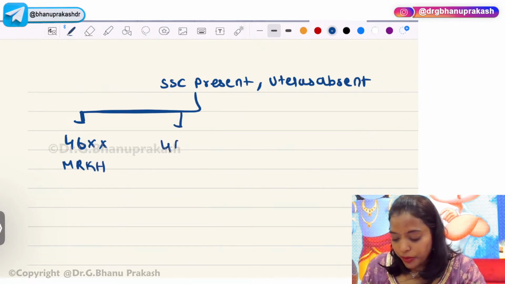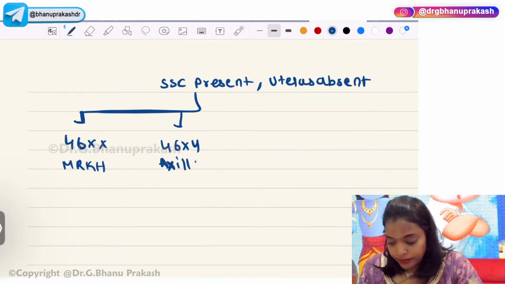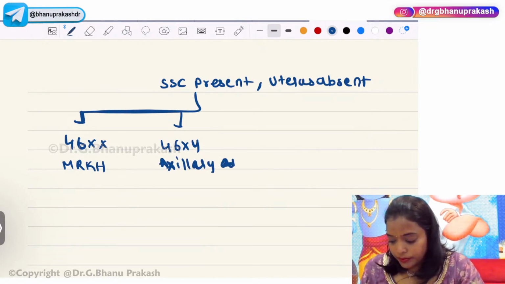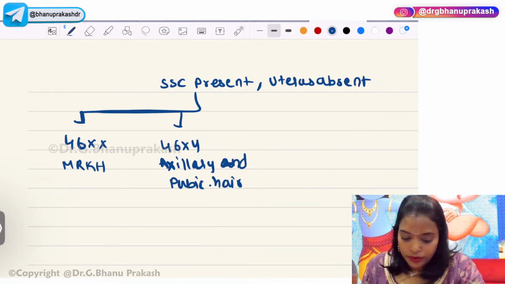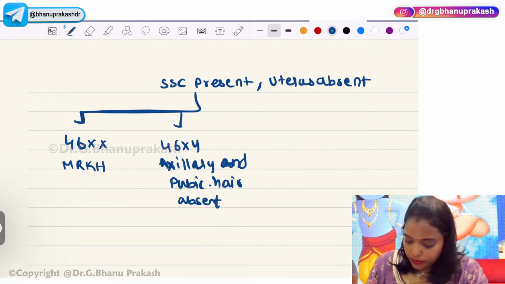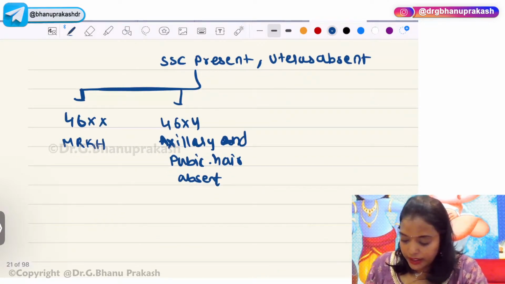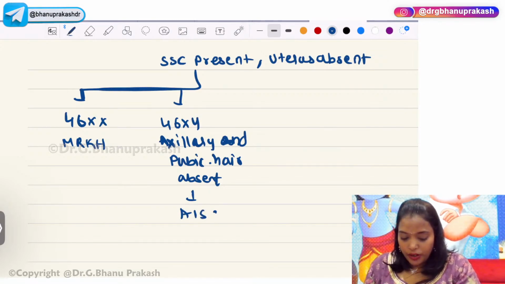And if the karyotype is 46XY, where axillary and pubic hair are absent, then we call it androgen insensitivity syndrome, right?